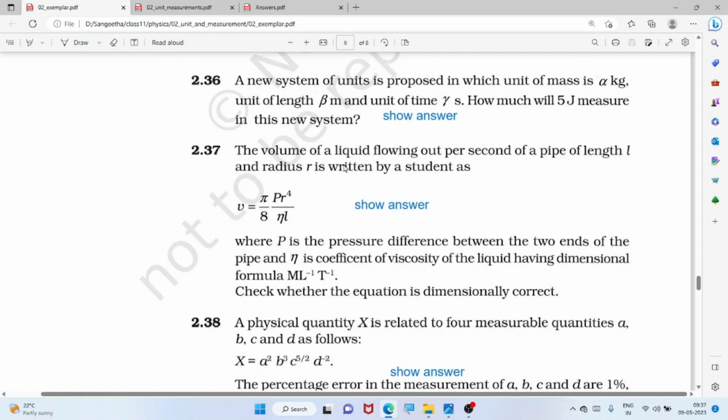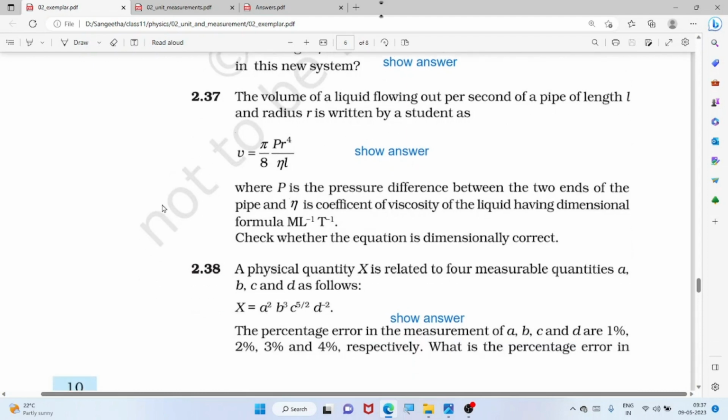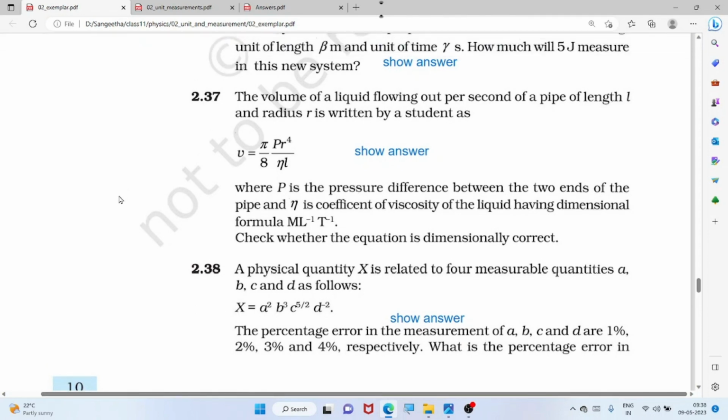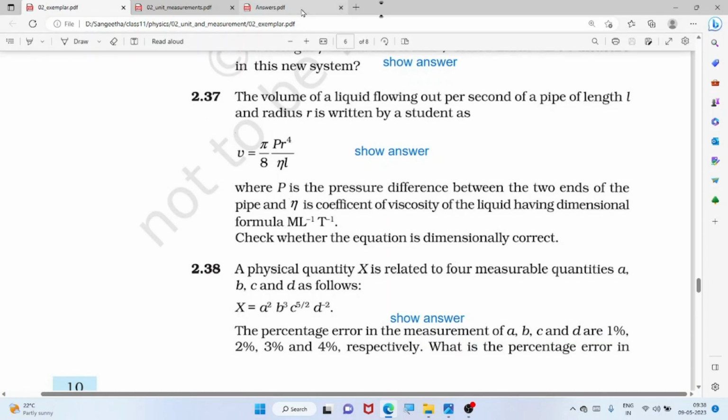The volume of the liquid flowing out per second of the pipe is given by the formula, where P is the pressure difference between the two ends of the pipe, and eta is the coefficient of viscosity of the liquid, having this dimensional formula. Check whether this equation is dimensionally correct. 37.